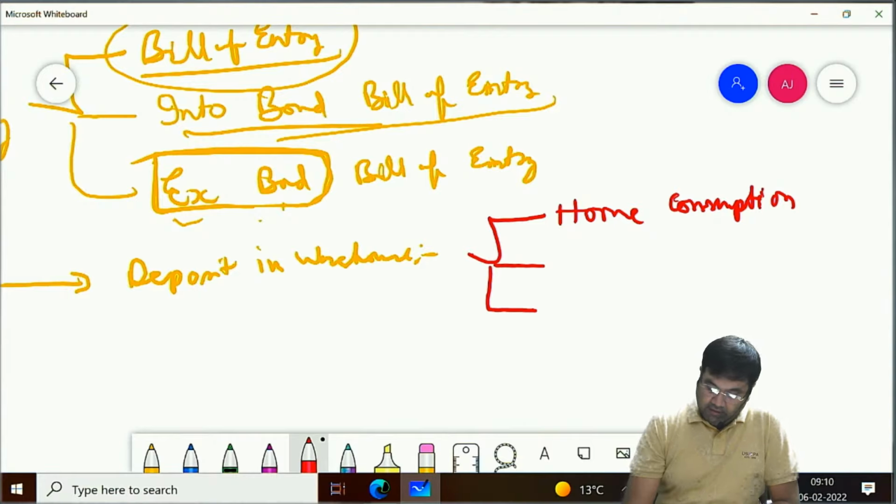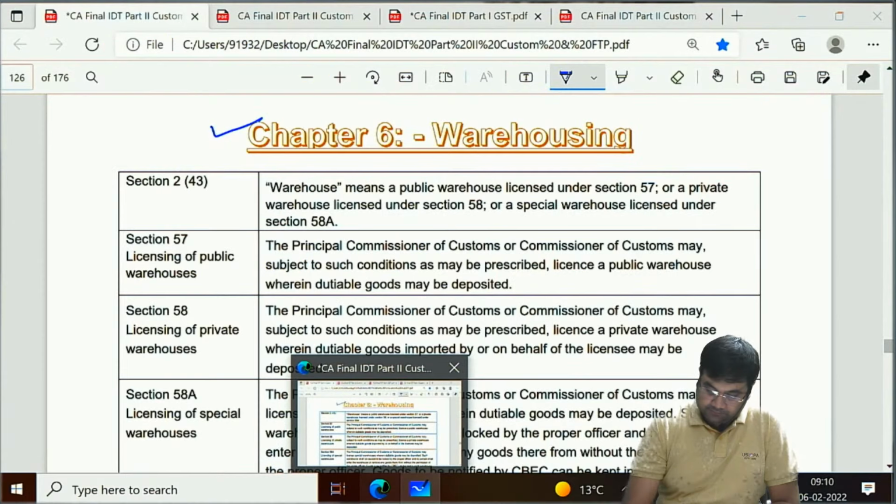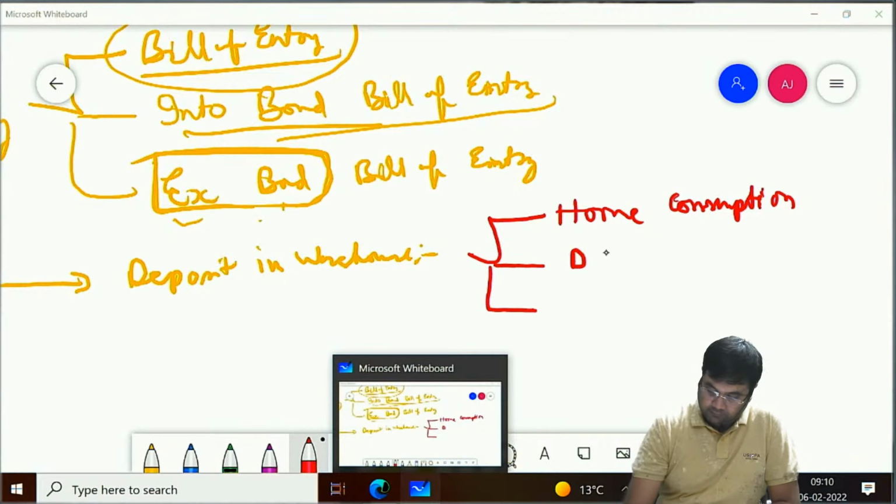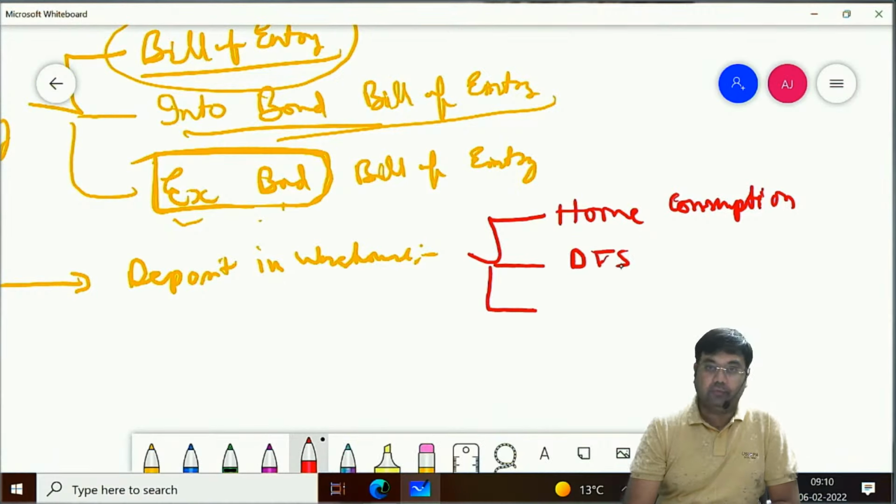So basically, what can the importer do? The importer can import, deposit in a warehouse, and supply to duty free shops. In that scenario, he is not going to pay the duties.